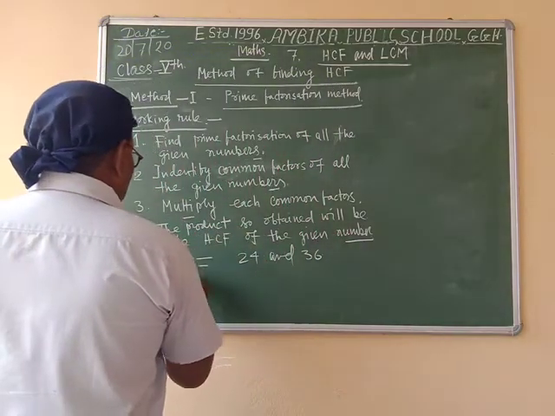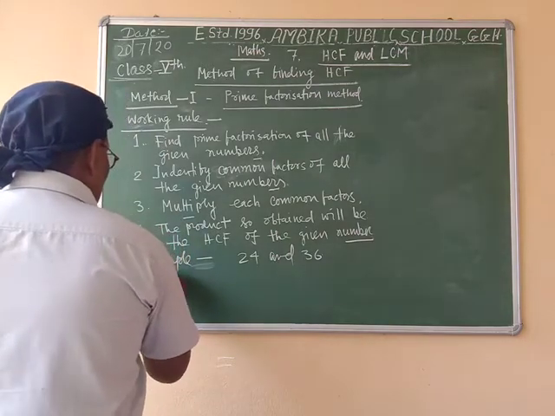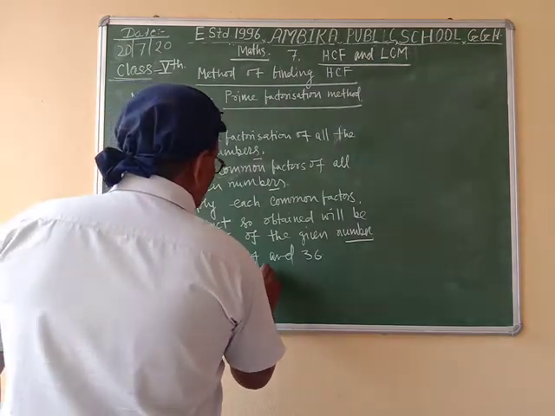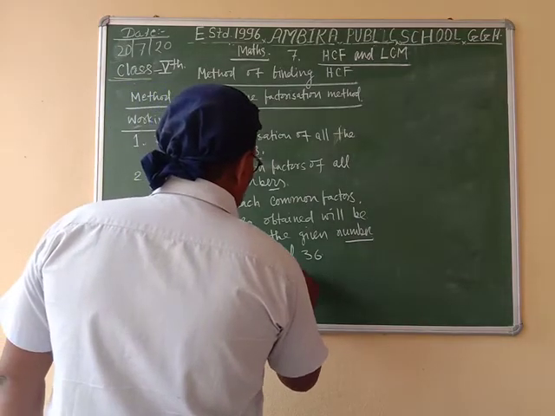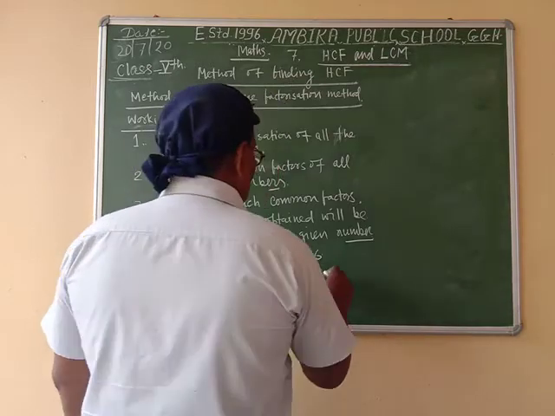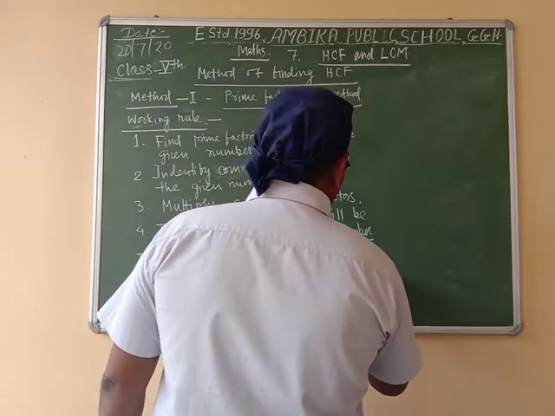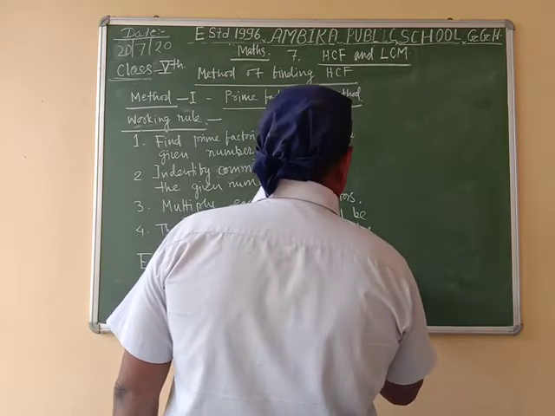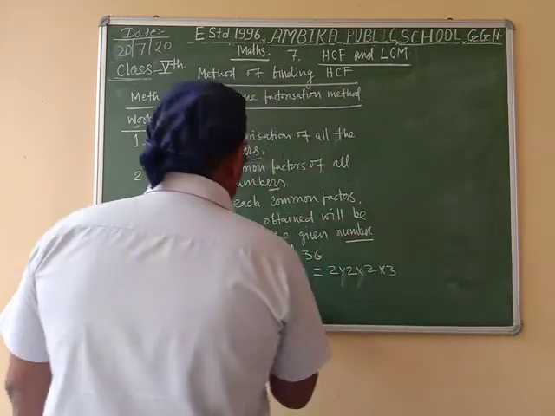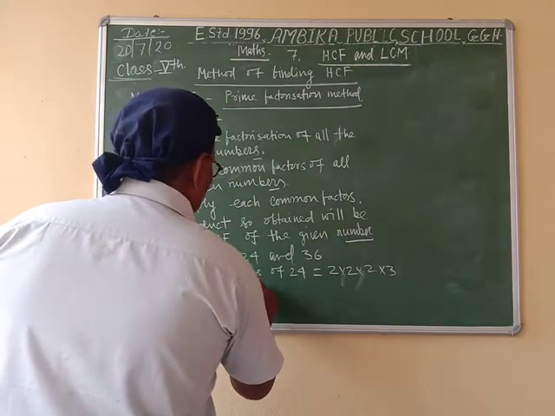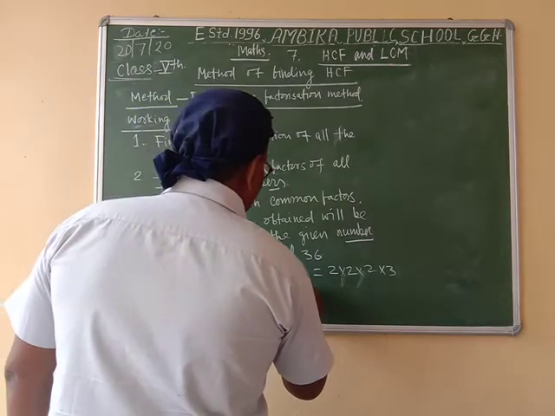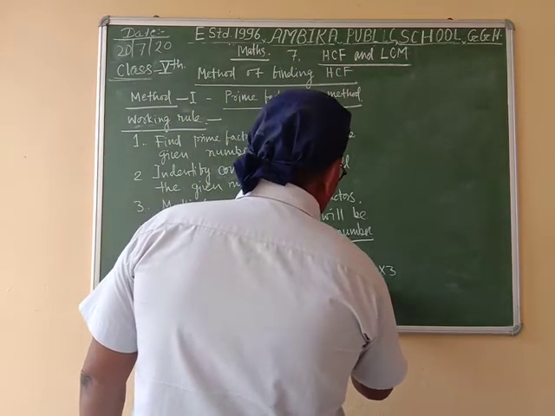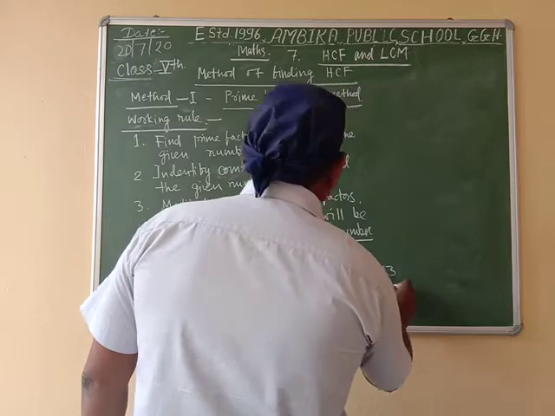Factors of 24 is equal to 2 into 2 into 2 into 3, and the factors of 36 is equal to 2 into 2 into 3 into 3.